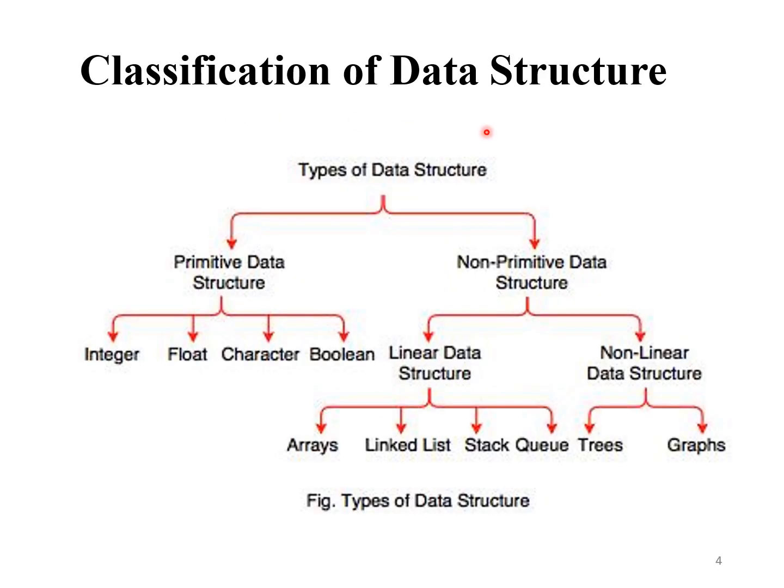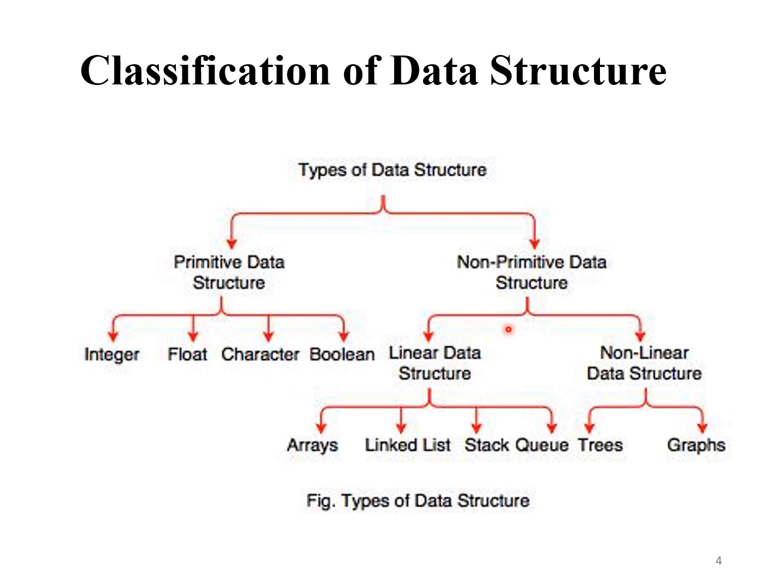Classification of data structure. Next is types of data structure. There are two types of data structure, primitive data structure and non-primitive data structure. Primitive data structure contains integer, float, character and boolean. These are our inbuilt data types.